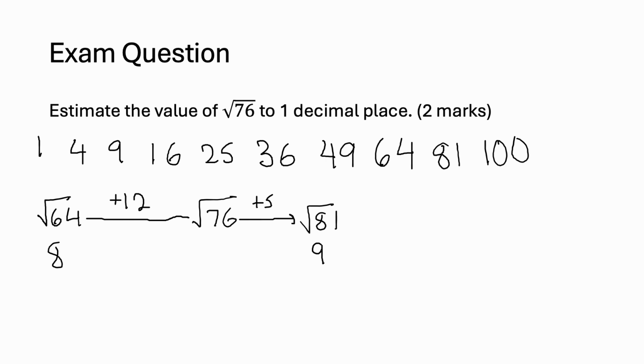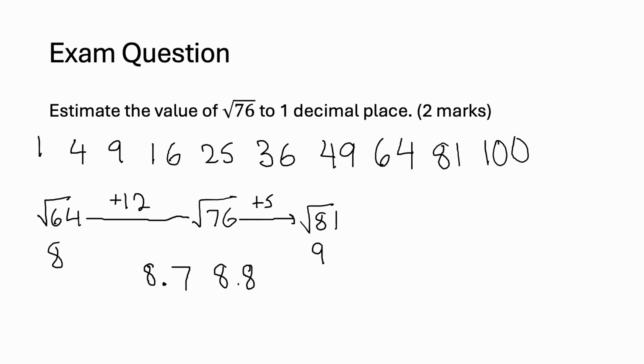So let's give us a rough estimate. Let's say, because it's not snap bang in the middle, as we can see here, we get an answer of roughly maybe 8.7. Yeah, 8.7, which is correct. But you can also say 8.8 as well.